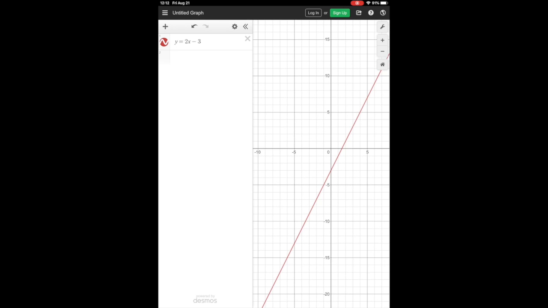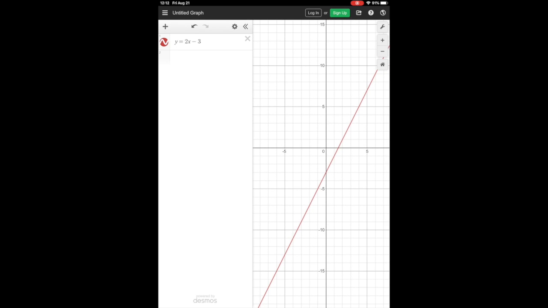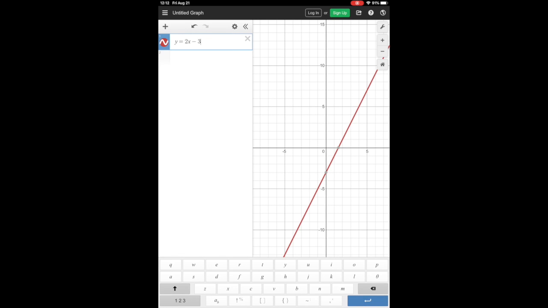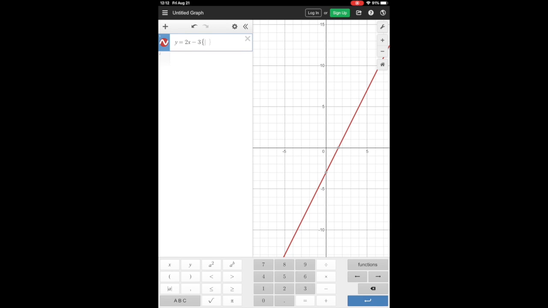All right. But I am going to put in the domain, and here's how I'm going to do it. You need a brace. That's the little squiggly parenthesis. Then you're going to put your domain in there. So -2 is less than or equal to. If you are on a computer, you can use the less than symbol, which is your comma, and then the equal sign, and it will automatically make that sign for you as a shortcut so that you don't have to go find and click the button.